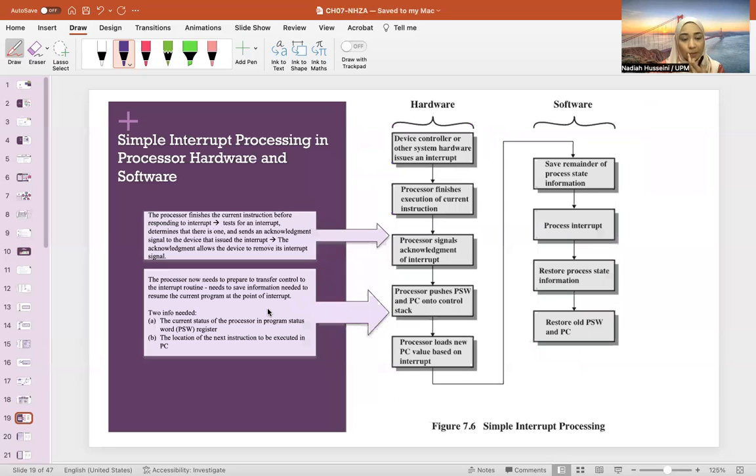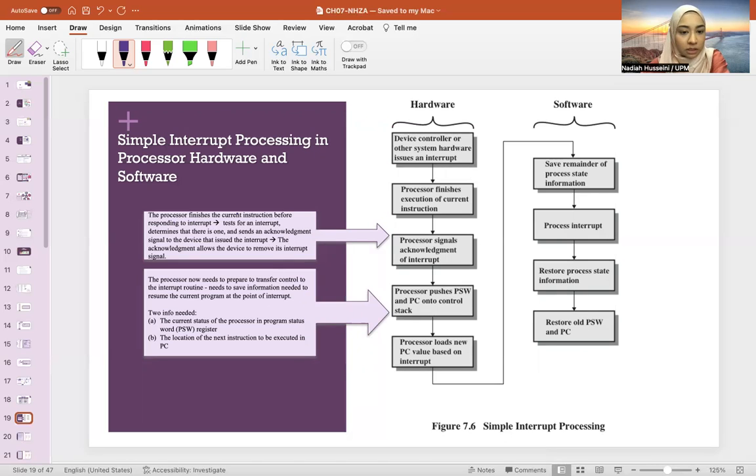Okay, so this is for interrupt processing. Just now we talked about programmed I/O. Programmed I/O has 2 types of mapping. And then we are talking about the second technique, which is interrupt-driven I/O. So how is interrupt-driven I/O executed? So let's talk about that.